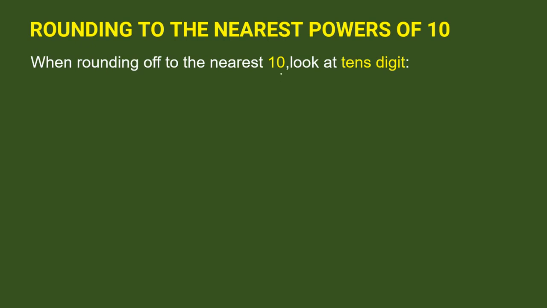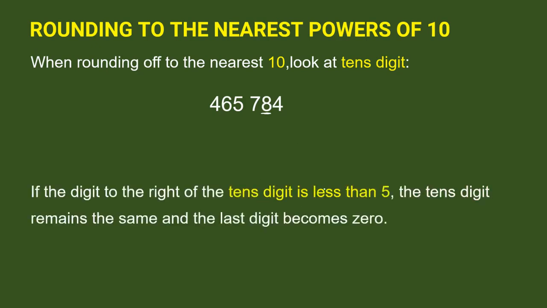We're still on rounding off to nearest 10. We look at the tens digit. In this case, our tens digit is 8. And then check the number to the right of the tens digit. If it is less than 5, 5 not included, meaning that it can be 4, 3, 2, 1. If it's 0, then it's already a 10.